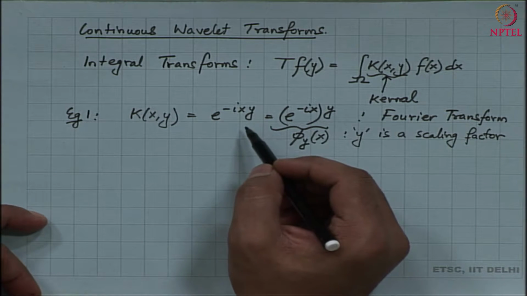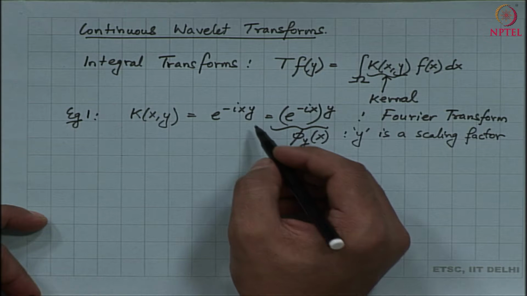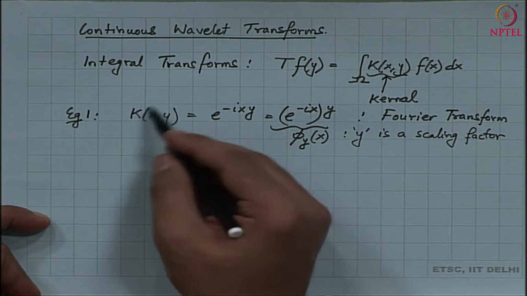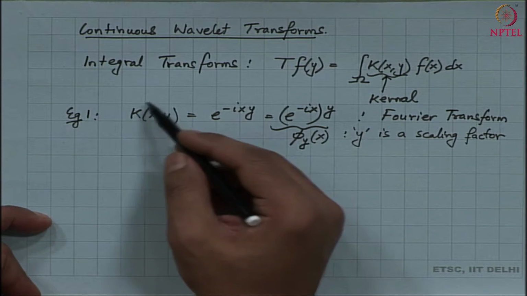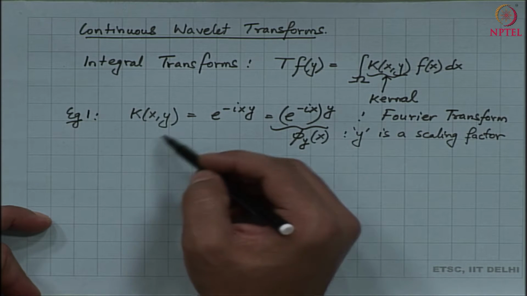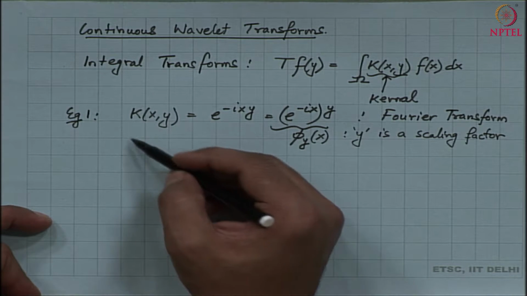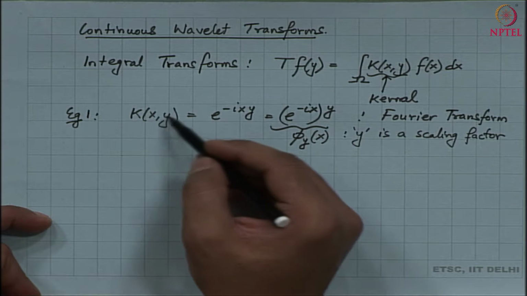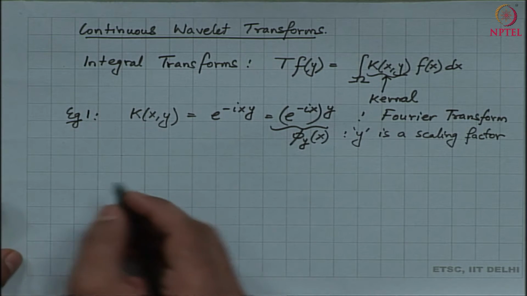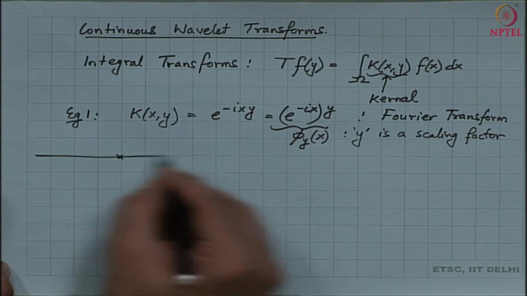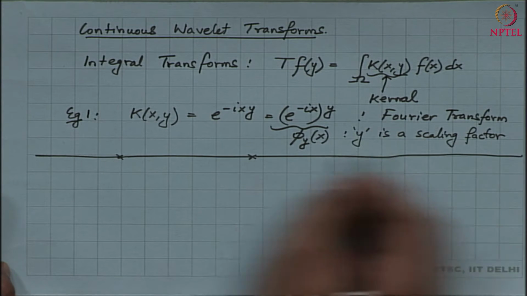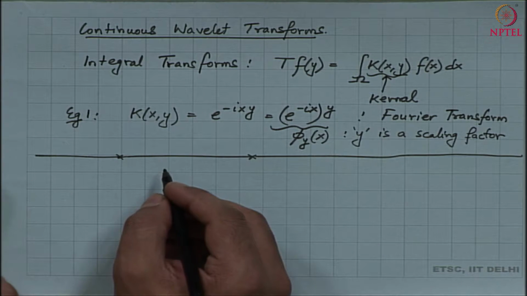Now, in the case of wavelets, we are given complete independence in describing the kernel, which means that depending on the specific types of wavelets that we choose, our kernel is going to vary on a case by case basis. So, let me start with a general function which is square integrable, and I am going to describe how to construct the wavelet transform.